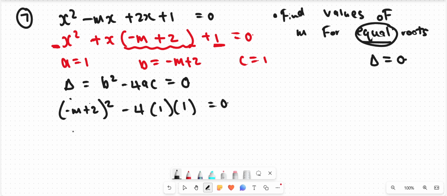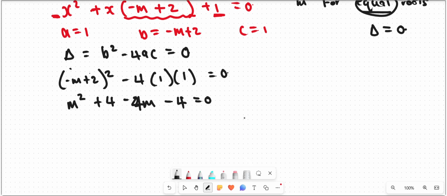The first one, you just square the m. It's an m squared. You square the 2, it's a 4. You times them together and you times them by 2. You get a negative 2m. No, a negative 4m, sorry. Because if you times them together, that's a negative 2m, but if you times them by 2, it's a negative 4m, with a minus 4 equal to 0.